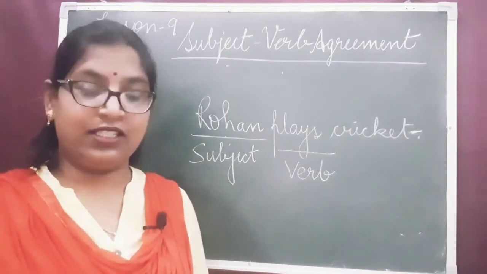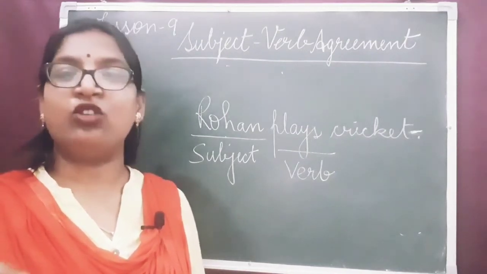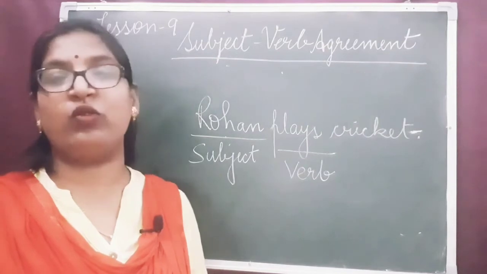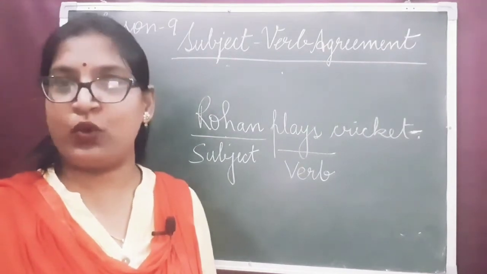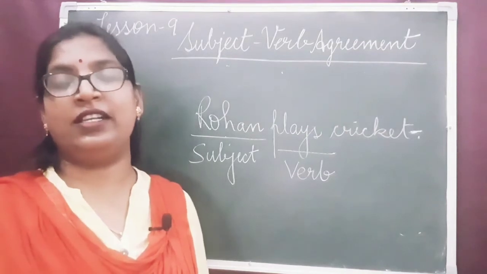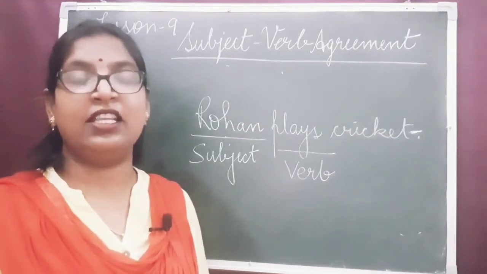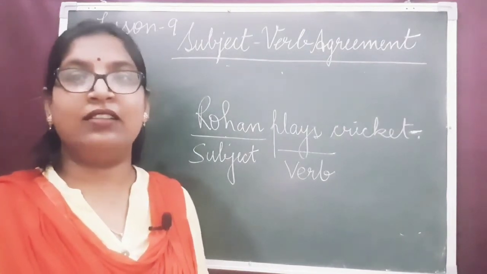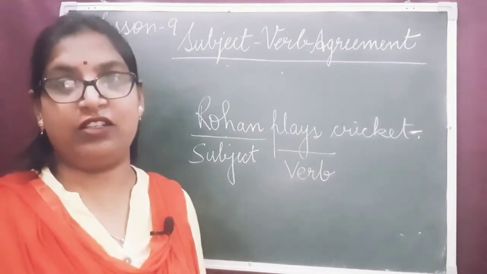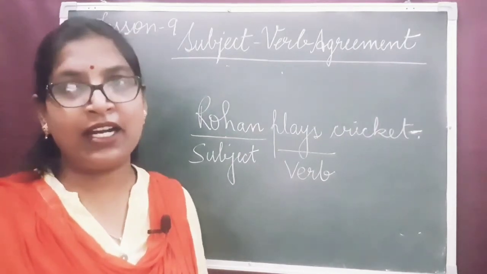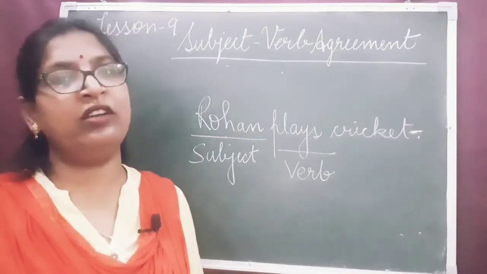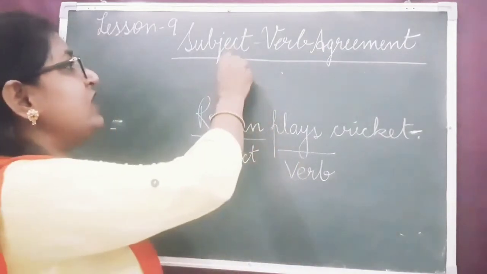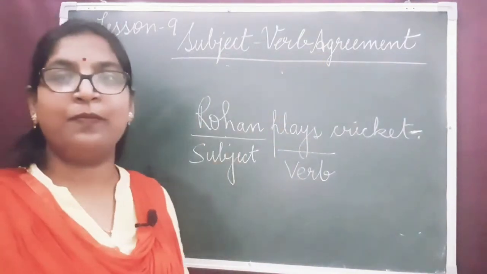Agreement in grammar is the art of making sure that sentence parts connect with one another in the right way. The different elements in the sentence should be connected with each other in the right way. That is called agreement. When different parts in a sentence are connected with each other in the right way, that means there is proper agreement. Now here we are going to study subject verb agreement.